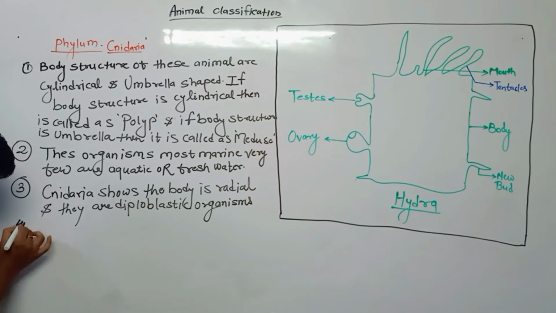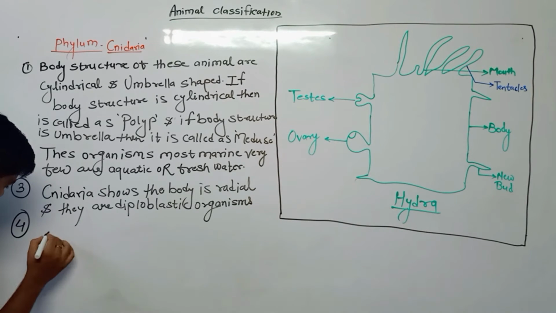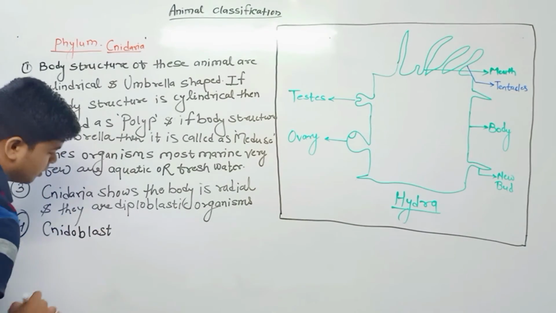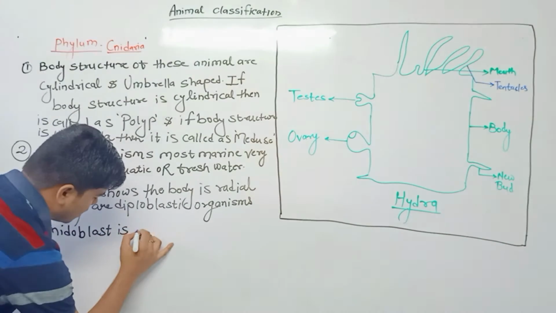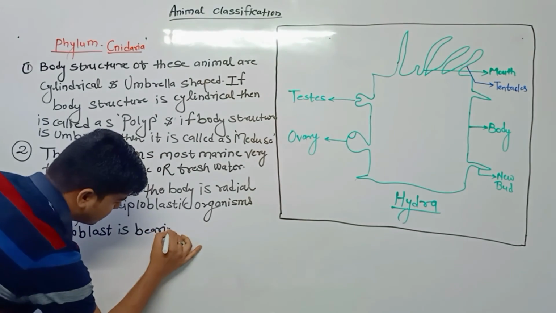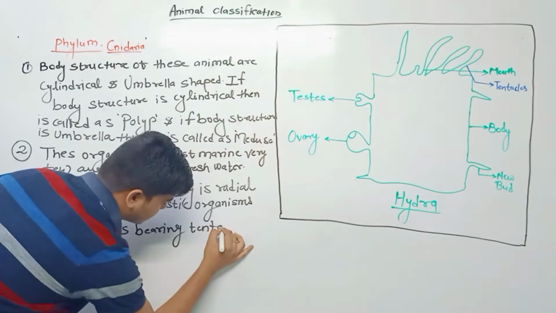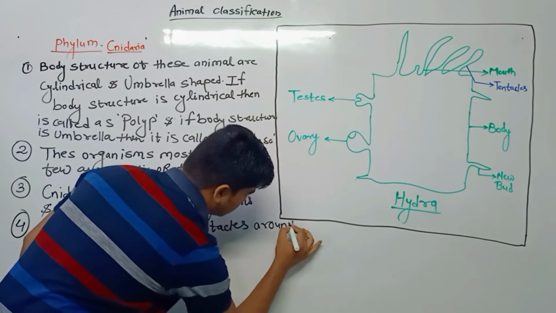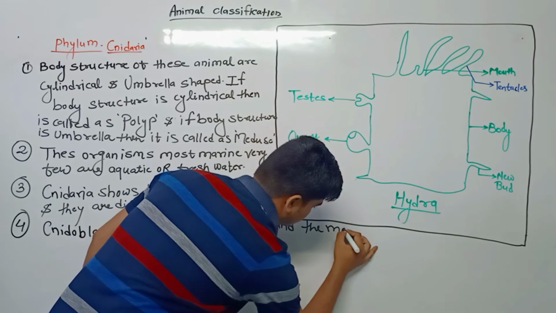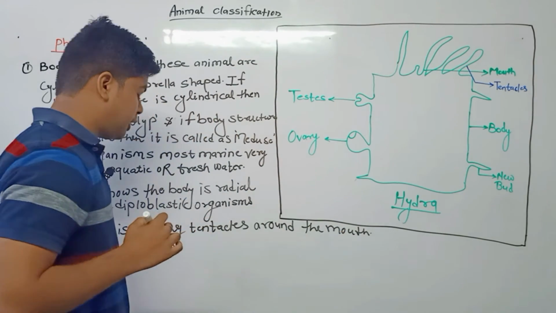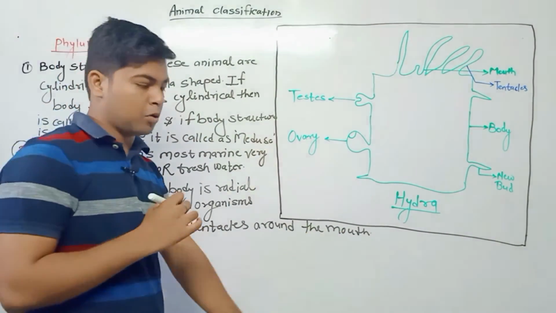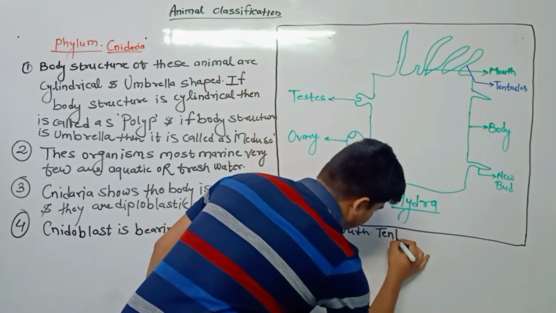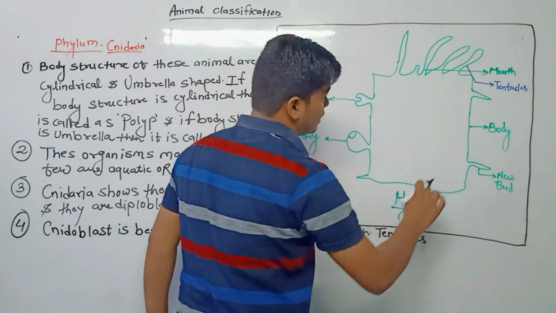Now the fourth point is Cnidoblast is bearing tentacles around the mouth. Now what is the use of tentacles?